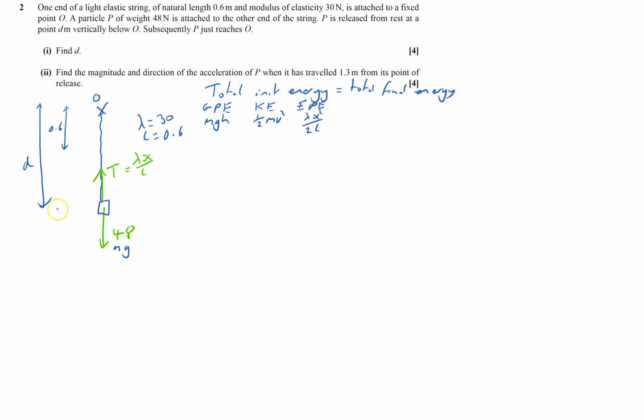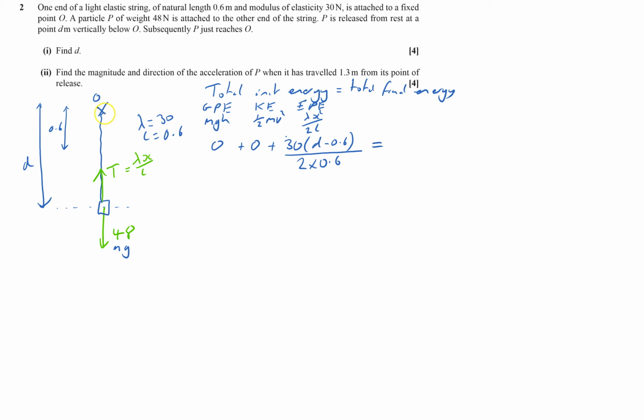So I'm going to start off by saying that this bit is my baseline, so I'll have nothing there, plus kinetic energy is released from rest, plus lambda, so is 30, times x squared, and that's the extension, and so natural length 0.6, pulled down d, so that would be d minus 0.6 all over 2l, so 2 times 0.6, and that equals the final energy.